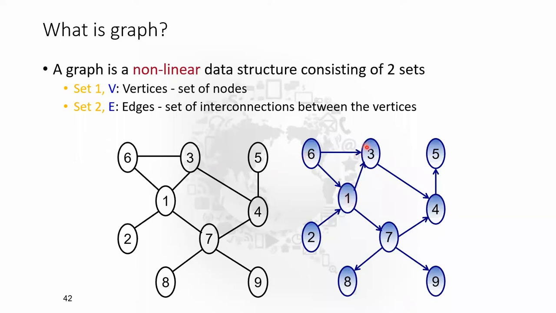But can we go from 3 to 6? No, because it follows the arrow. It can only go from 6 to 3. When we look at the graph on the left side, it is without any arrows. That means you can go from 6 to 3 or 3 to 6. The same goes for this whole graph.